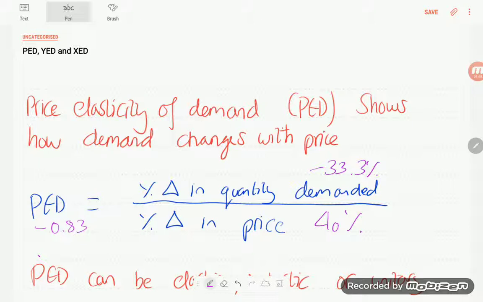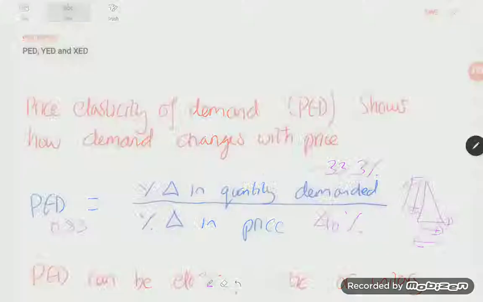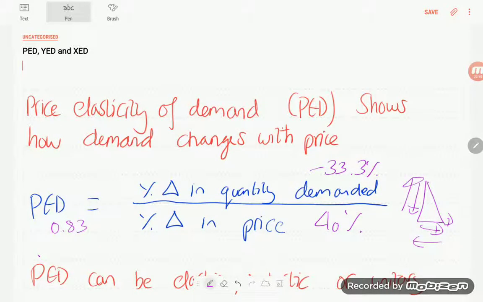The key thing here is that the negative is showing the inverse relationship between quantity demanded and price as per the demand curve. In other words, price goes down, quantity demanded goes up. There's a negative relationship, and vice versa in the other direction when there's a price increase. So therefore we simply scrub out the minus and we ignore it as far as the PED calculation goes.